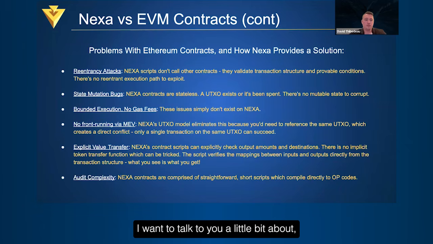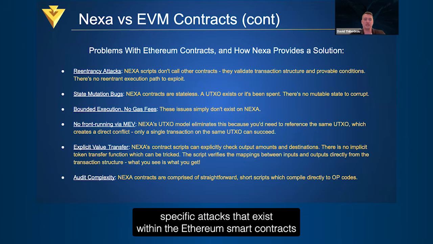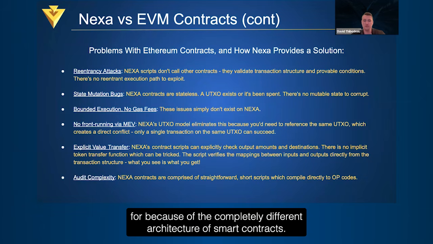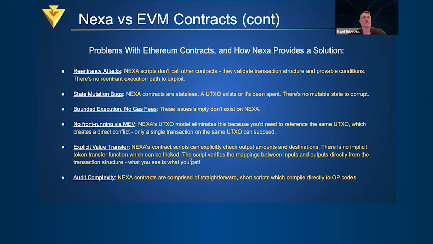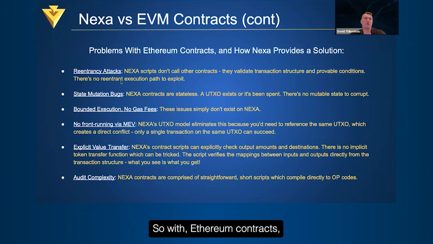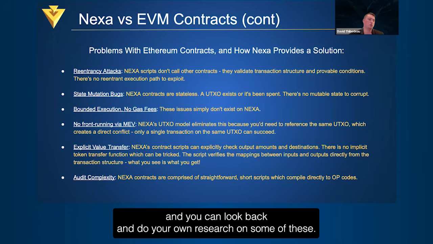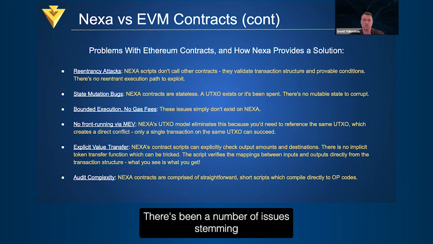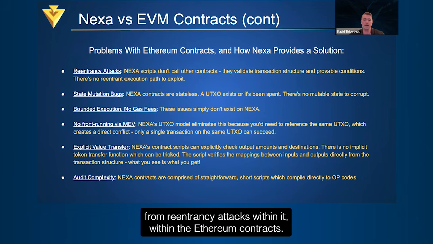I want to talk to you a little bit about specific attacks that exist within the Ethereum smart contracts that Nexa is able to provide a solution for because of the completely different architecture of smart contracts. With Ethereum contracts, one of the biggest problems is, and you can look back and do your own research on some of these, the DAO hack, the Curve Finance exploit. There's been a number of issues stemming from reentrancy attacks within the Ethereum contracts.